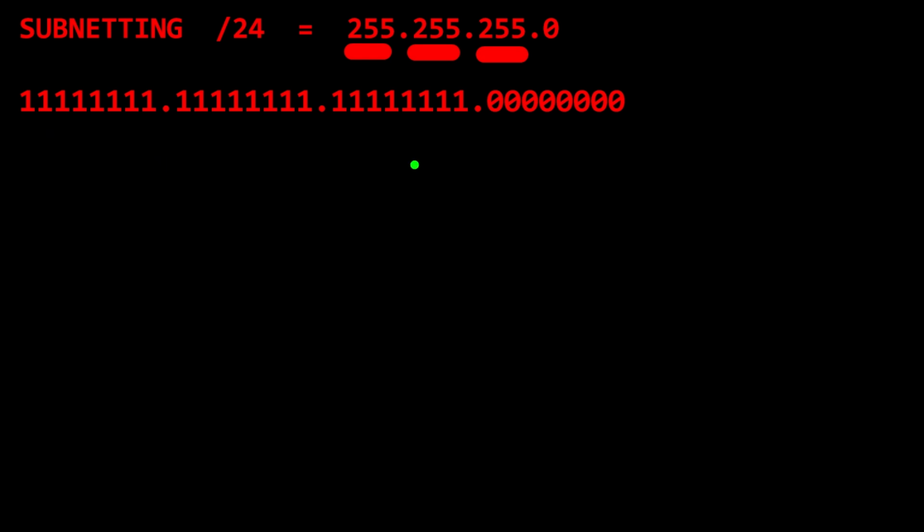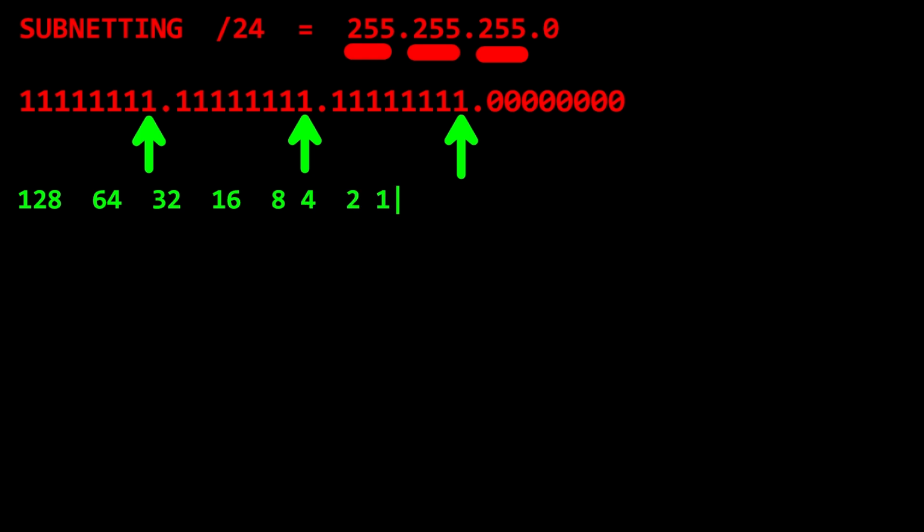What we're going to do here is count the zeros. The rightmost bit in each of these octets is equal to the number 1. The values for these 8 bits are, left to right: 128, 64, 32, 16, 8, 4, 2, and 1.